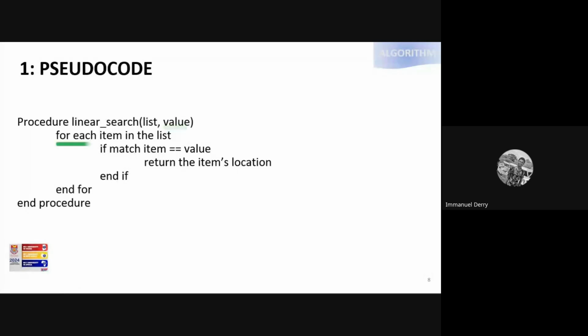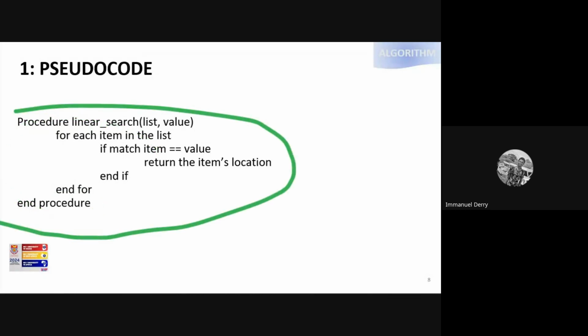And then for each of the items in the list, this is where we start looking through the items. If we have a matching item which is equal to the value that we are looking for, we return the item's location, and then we end the if statement. And similarly, since we have found the item, we end the for statement, and then finally we end the whole pseudocode. So this is the pseudocode for the linear search you saw earlier.